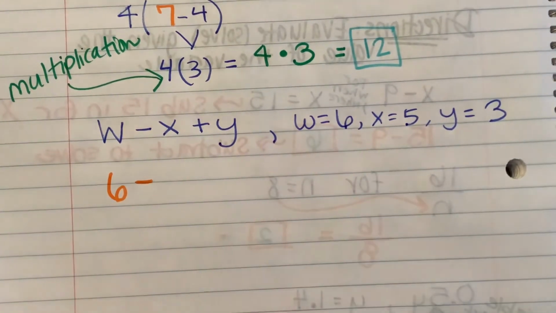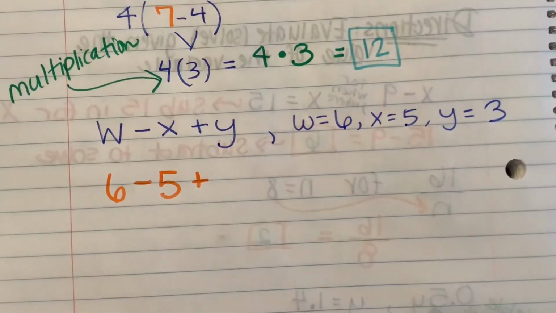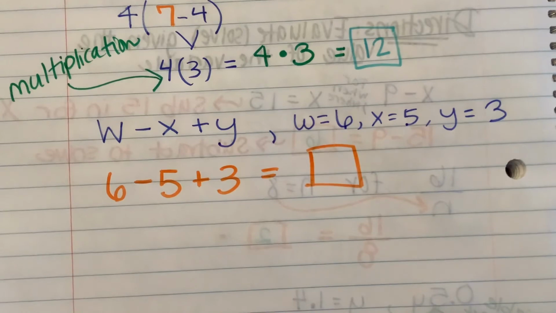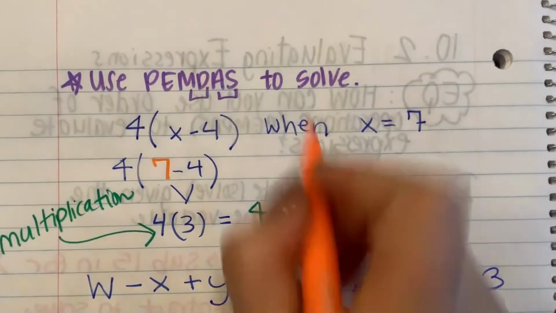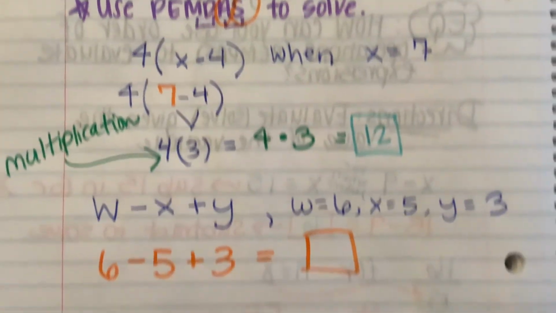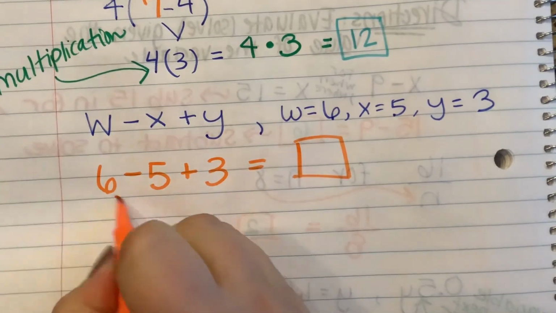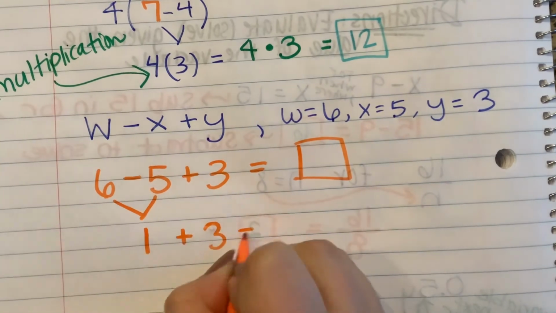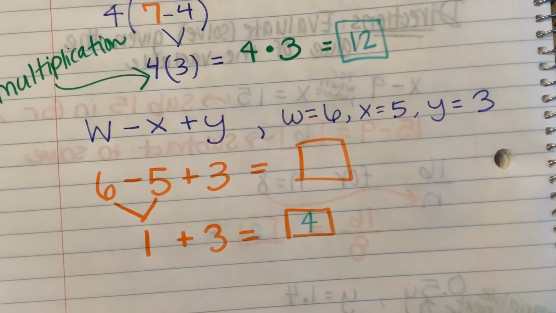Now x was worth 5, substituting in 5, bringing down my operation, and y was worth 3. Order of operations tells me that for addition and subtraction, I need to go left to right. Which one do I see first? There's subtraction, so I'm going to do 6 minus 5. I get 1, and bring down my 3 to have a final answer of 4.